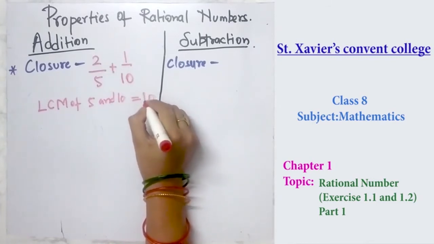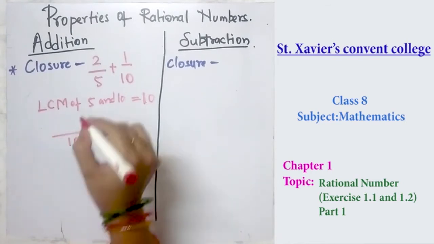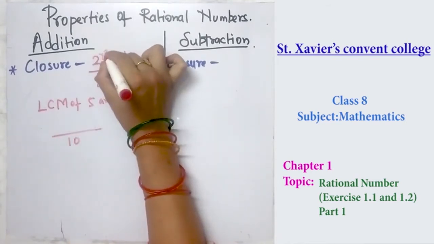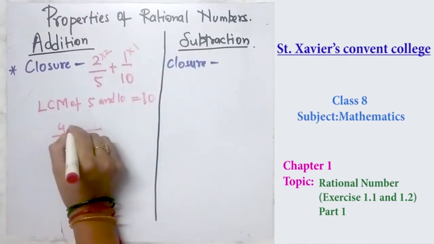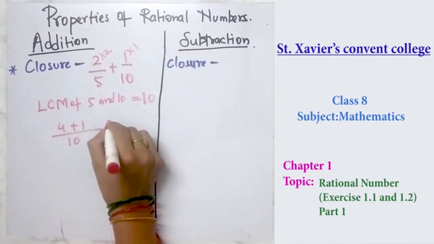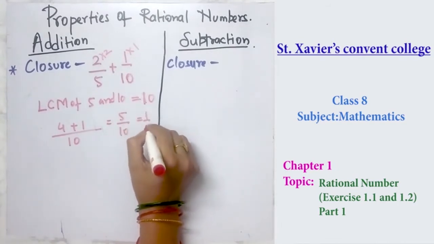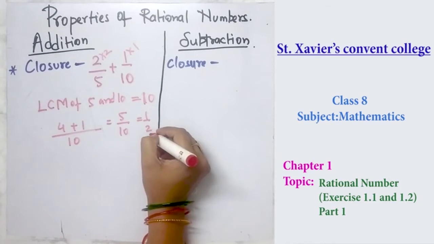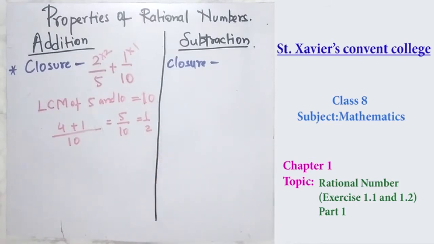Now take 10: 5 2s are 10, 10 into 1 is 10, so that is 4 plus 1. You will get 5 upon 10, that is 1 upon 2. It is in the form of P upon Q, so it's a rational number.